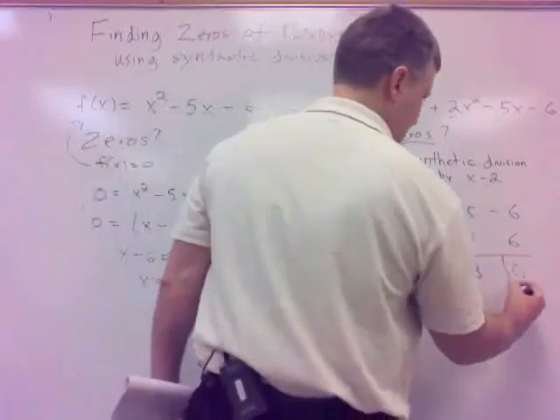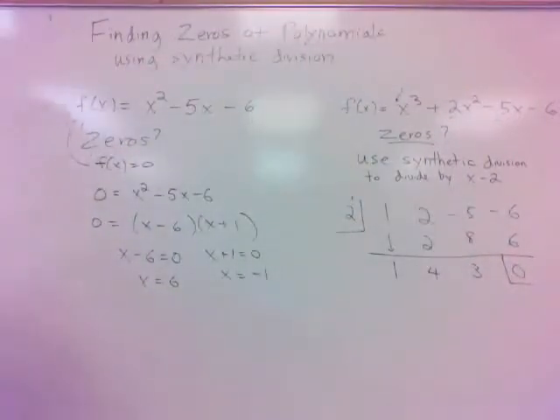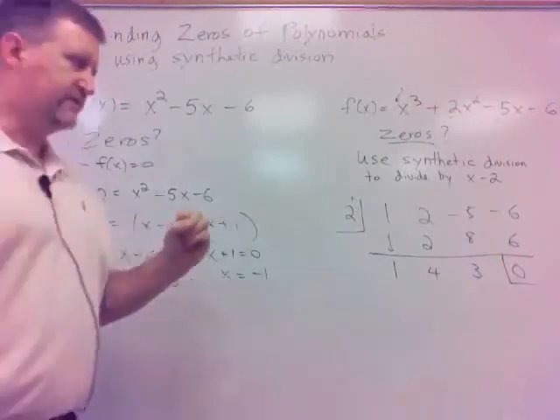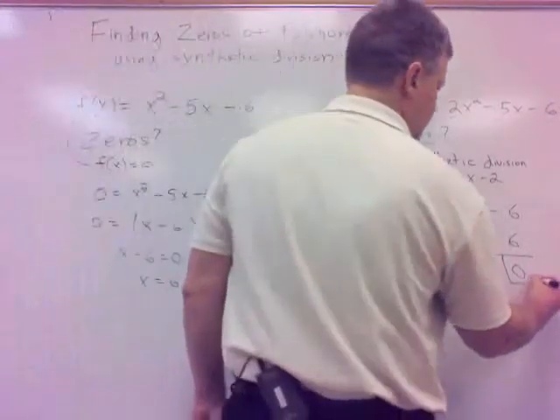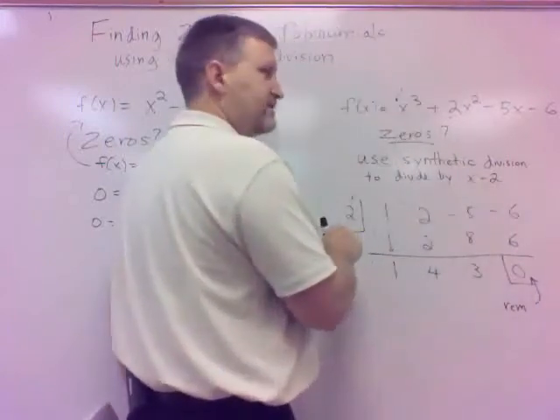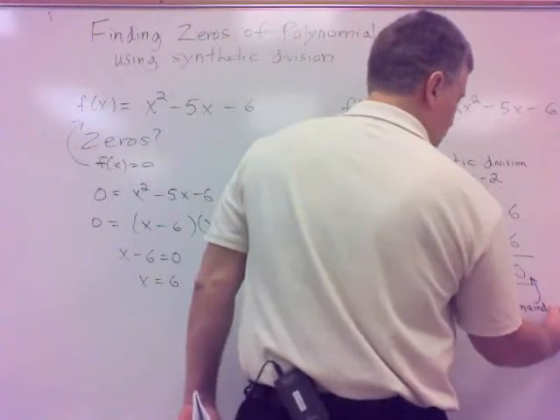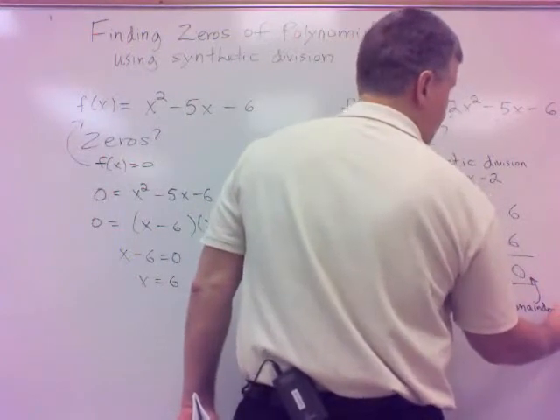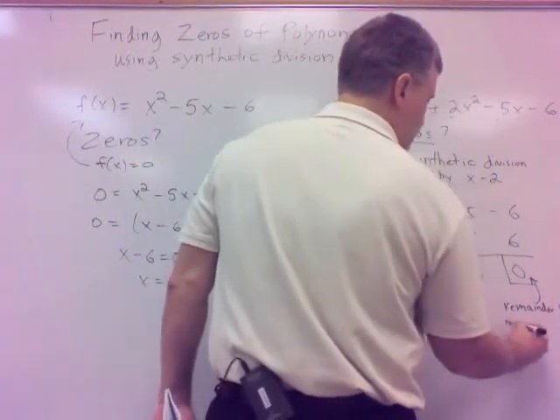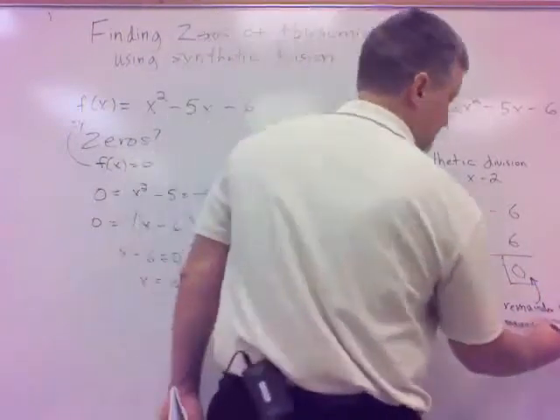When I get a remainder of 0, I haven't mentioned this before, what that means is, one thing this means, it means the number in the box up here is a 0 of the function. Remainder 0 means the number up here in the box, 2, is a 0.